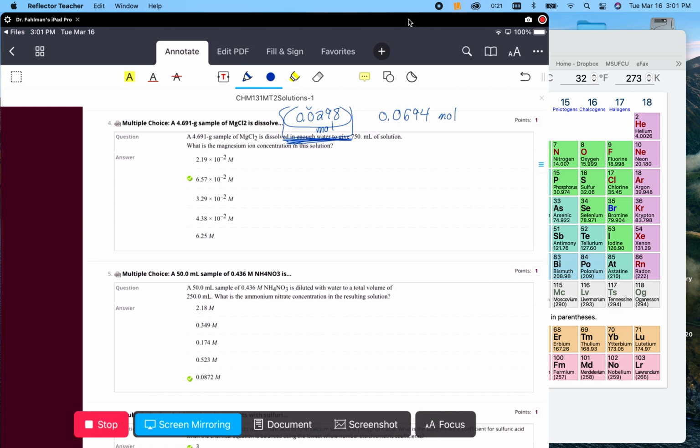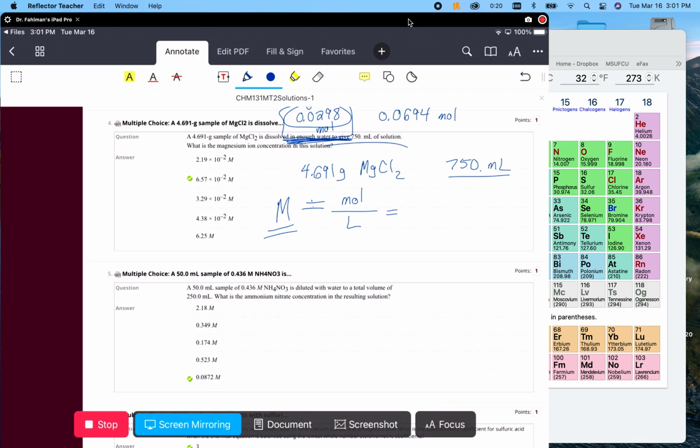The next question, you have 4.691 grams of magnesium chloride, and the total volume is 750 mL. Okay, so it's asking concentration, so that means capital M, which is moles of solute divided by liters of solution.